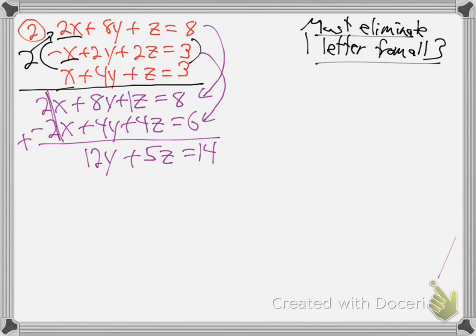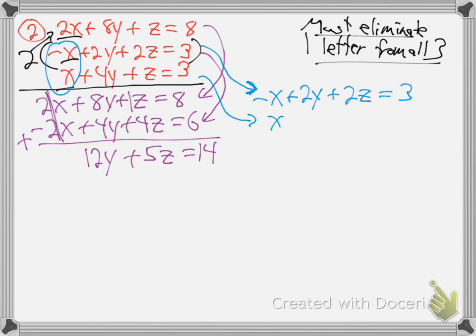Now I need to come over and take just these two. You have to take a different 2. It doesn't matter which 2, there's just a lot of combinations. I'm going to take the second and third equations now and bring them over here, and I've got minus x plus 2y plus 2z is 3, and this one, x plus 4y plus z is 3.